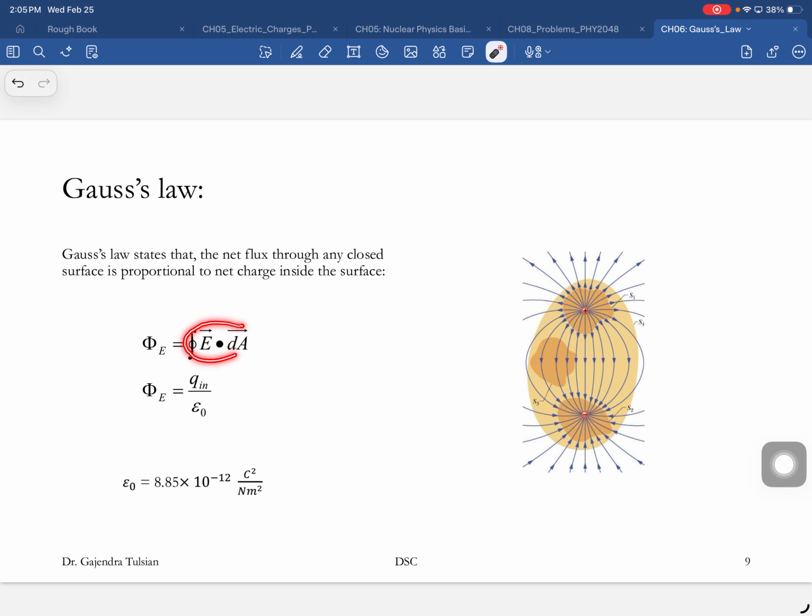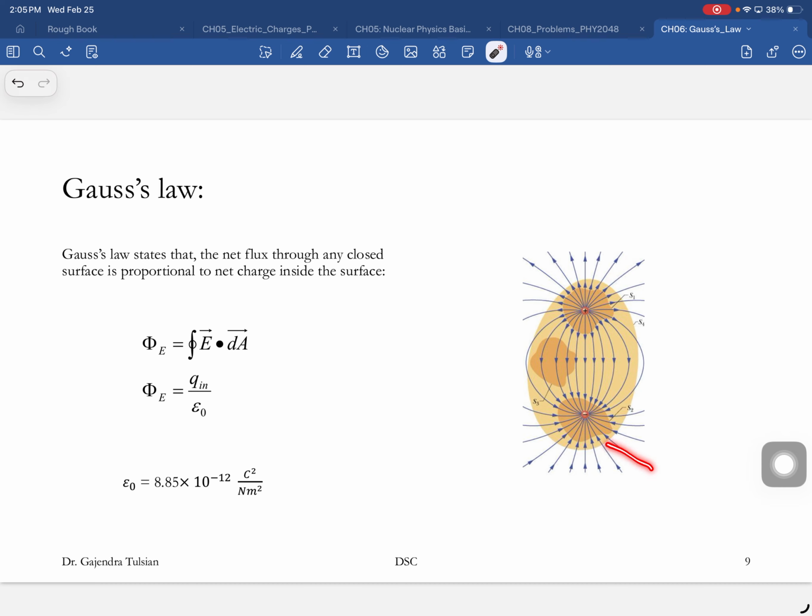So this integral will be just the magnitude of the electric field times this surface area, and that's equal to the charge inside divided by epsilon naught.